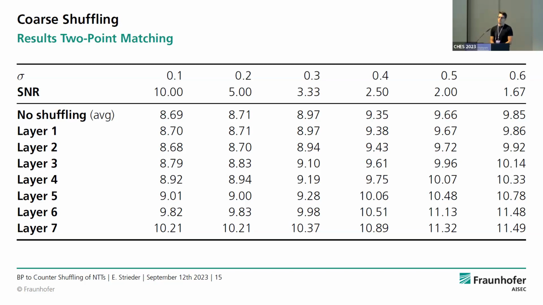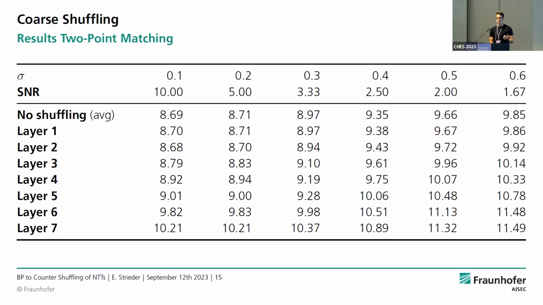Those are the entropy results during an unshuffled attack, so 8.69. And you see that with 2-point matching, we can quite well reach this entropy level again in the first 4 layers, I would say.